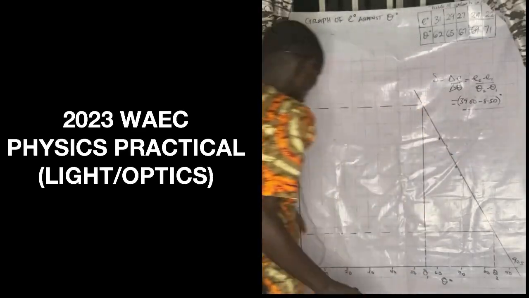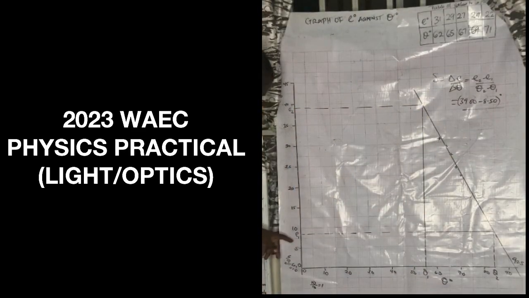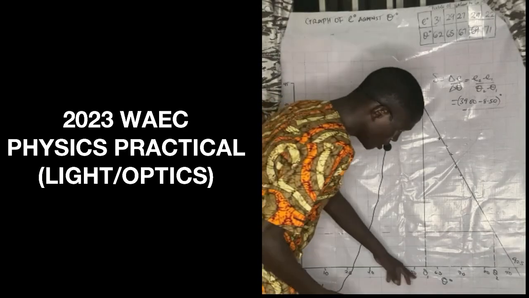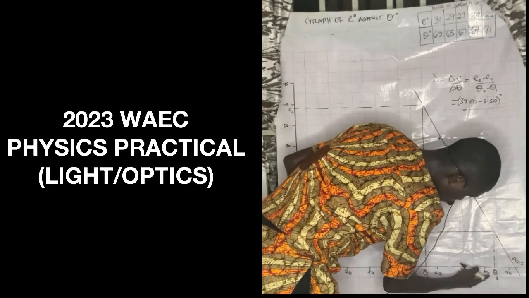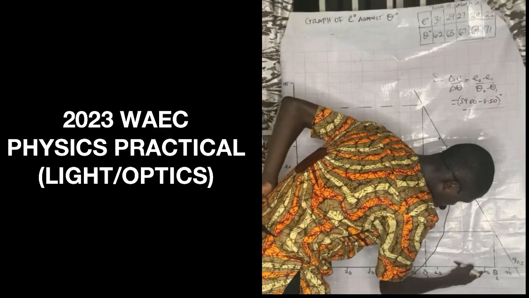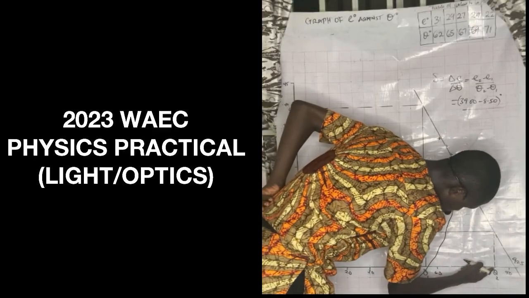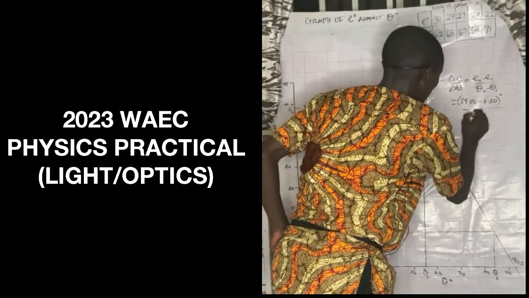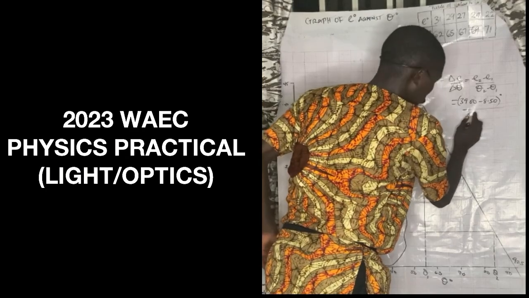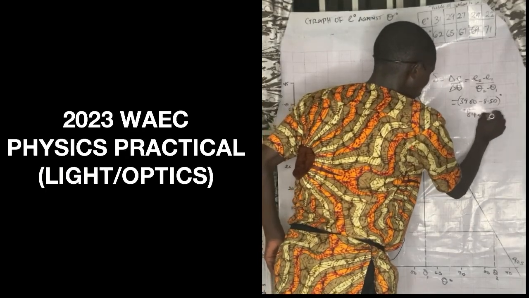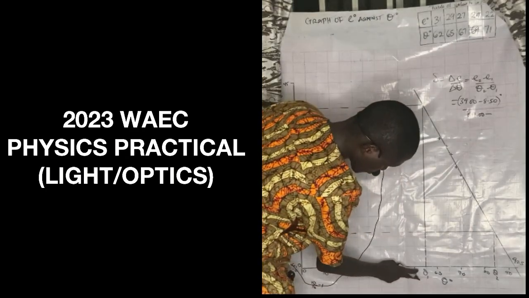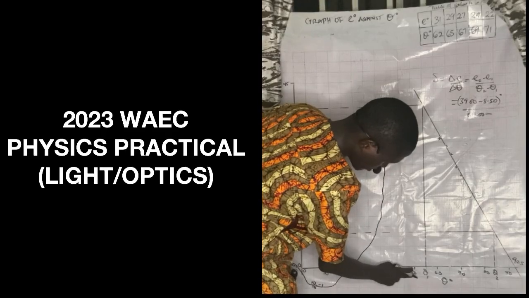So theta 2 will be what? 70, 80, 81, 83, 84. 84.0 minus 50, 55 degree.